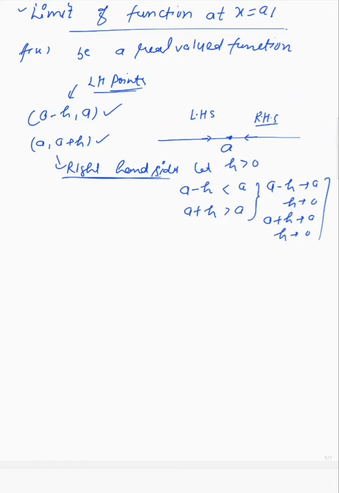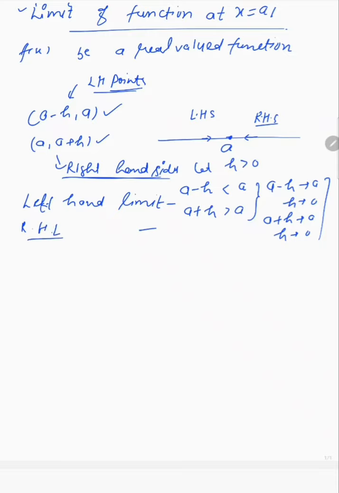According to the value of the given function at these two sets, we have divided the limit into two parts. The first one is the left hand limit, and the second one is called the right hand limit, whose short form is RHL.